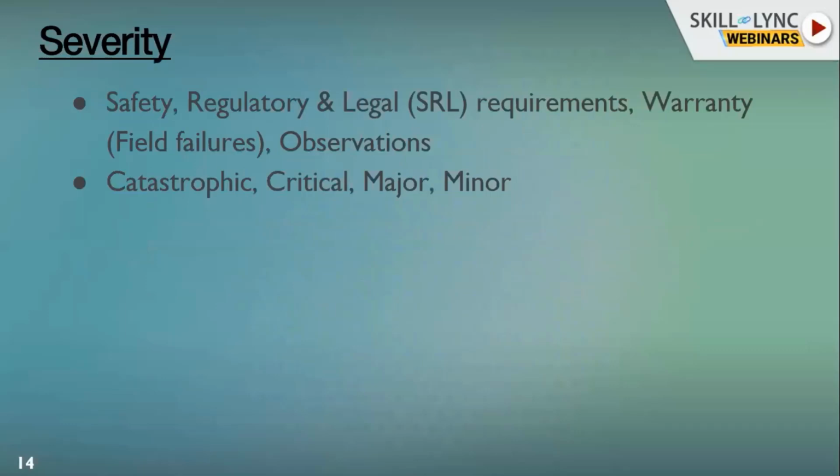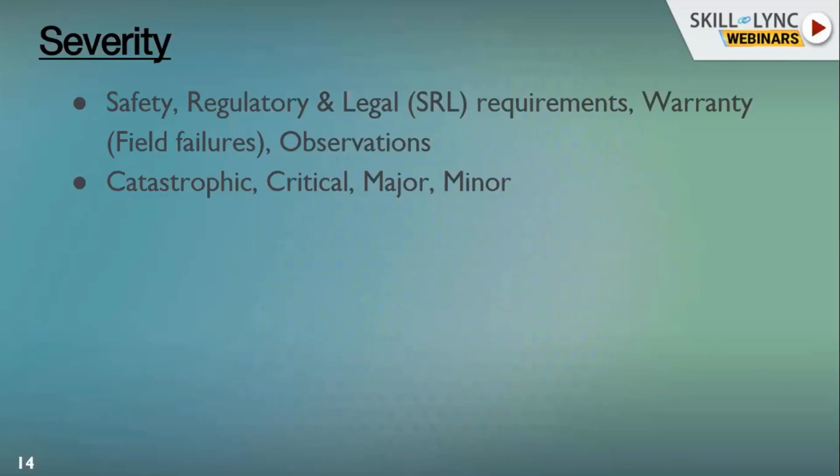Severity, as I mentioned, is catastrophic, critical, major, minor. Depending on what type of product it is, it can be safety related or regulatory, like your product will not be certified or will not be approved to be launched. There will be some legal reasons, and there can be some warranty related issues, like cost wise. So what are the observations that we see, or is it the survey, other things?